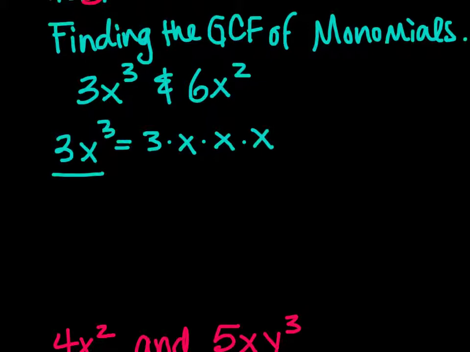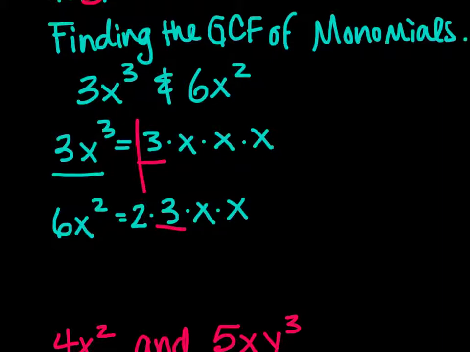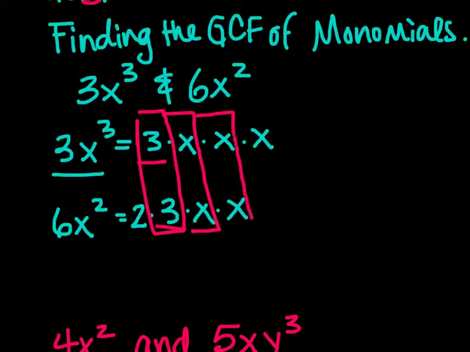Okay, so we've just broken that down. And then let's look at 6x squared. If we look at that, we have 2 times 3 times x times x. Same thing. We got 3s in common, and we have an x in common and another x in common. So if we were to drag that all down, we have a 3, we have an x, and we have another x.